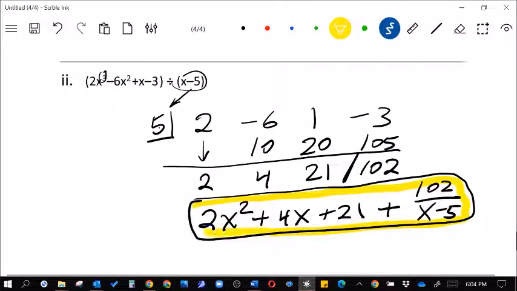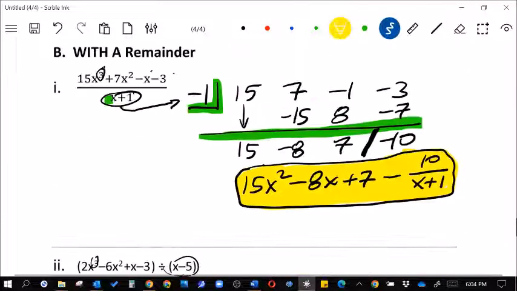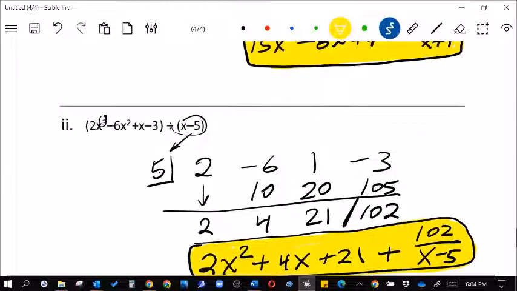Notice that most of the problems here that I did with synthetic division were some of the same ones that I did with long division.